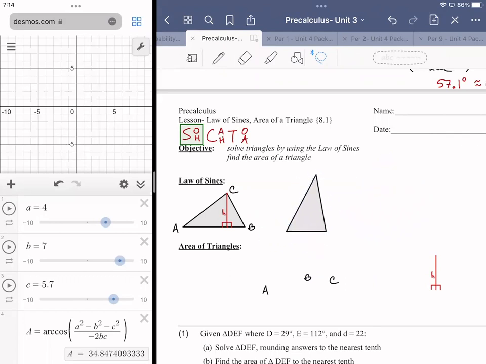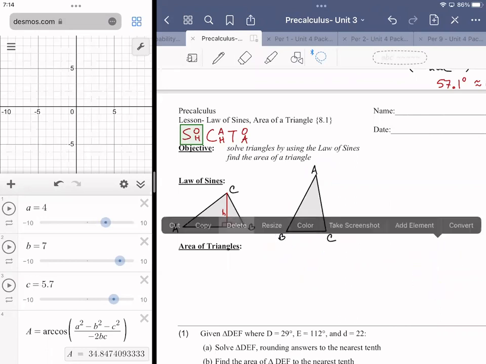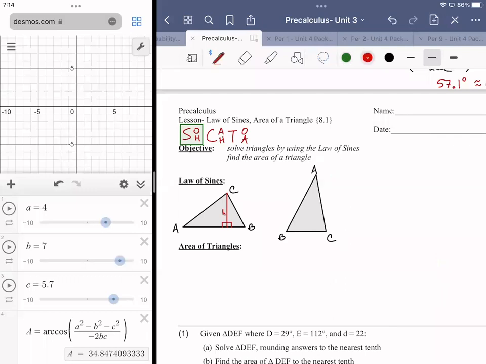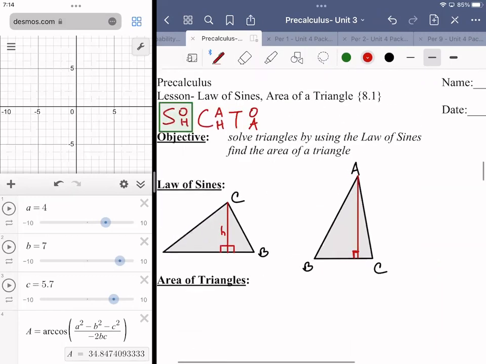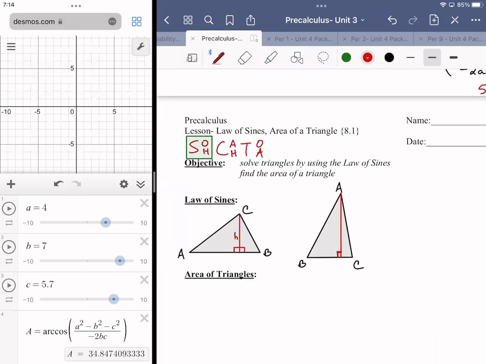Something like this. I'm actually going to put A at the top. So I rotated it. B would be over here. C would be over here. And then I'll drop an altitude. Something like that.